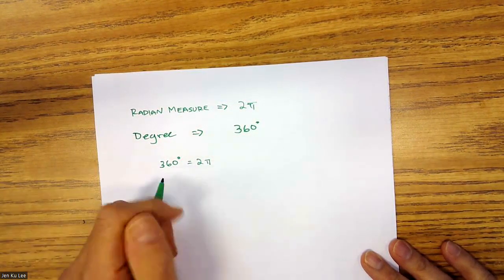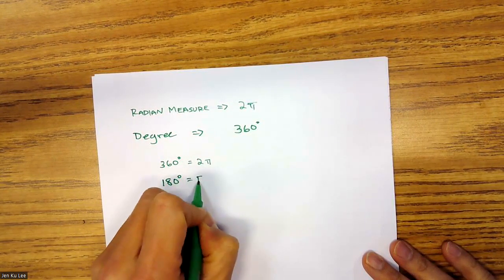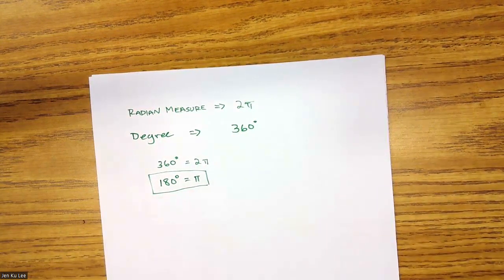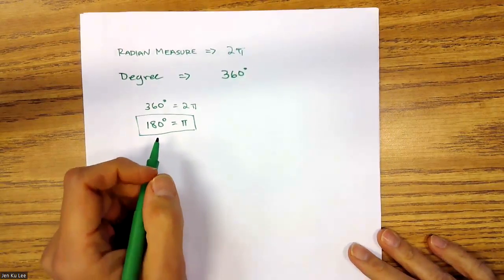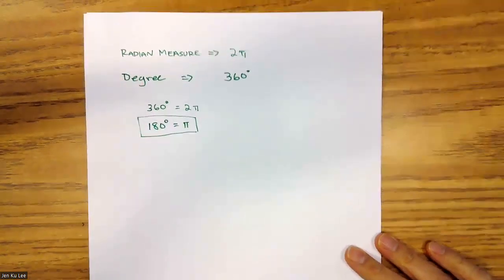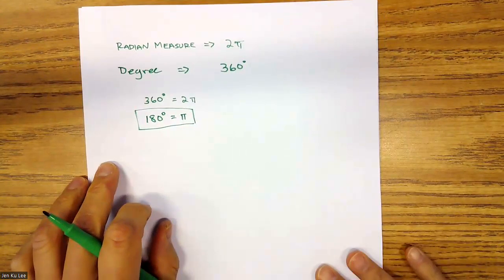Well, I can just divide it by 2 and say that 180 degrees equals pi, right? So whenever you see a pi in terms of a degree measure, that means that it's in radian mode, okay? It's in radians and not degrees. All right, so let's shift our thinking from degrees to radians.